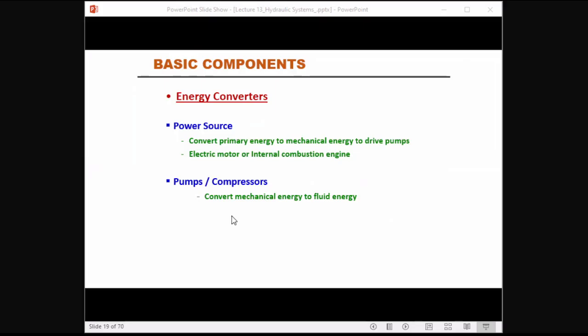You can imagine how a centrifugal pump works. It's also like this, converting mechanical energy. Mechanical energy is generated using a motor. Then the pump rotates, then we can pump fluid.